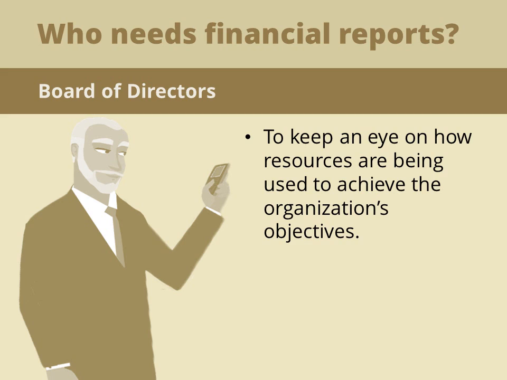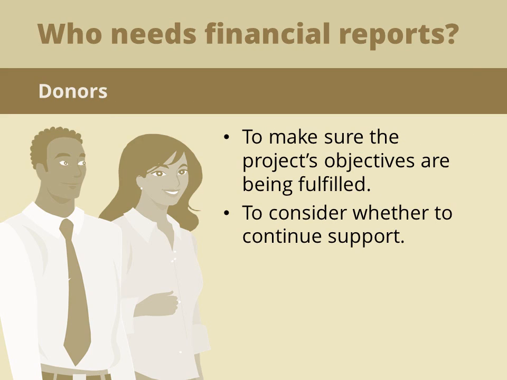Board of directors need financial information to keep an eye on how resources are being used to achieve the organization's objectives. Donors need financial information to make sure that their grants are being used as agreed and that the project's objectives are being fulfilled, to consider whether to support an organization in the future.